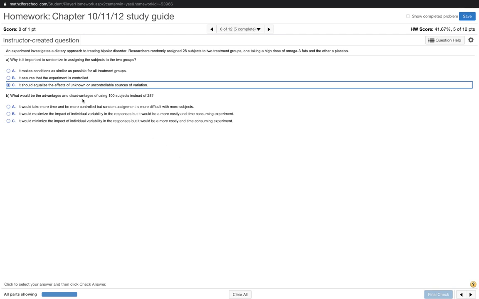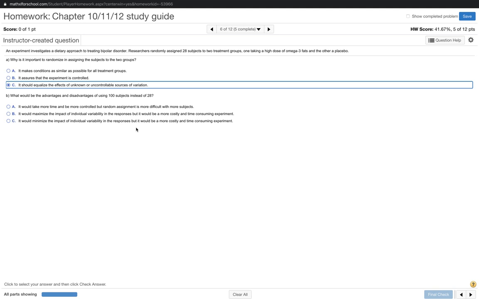What would be the advantages and disadvantages of using 100 subjects instead of 28? Well, in other words, what would be better about having a larger sample size versus a smaller sample size? It's the same thing that we talked about in the previous part. If you have a larger sample size, it minimizes the effect of any potential source of bias.